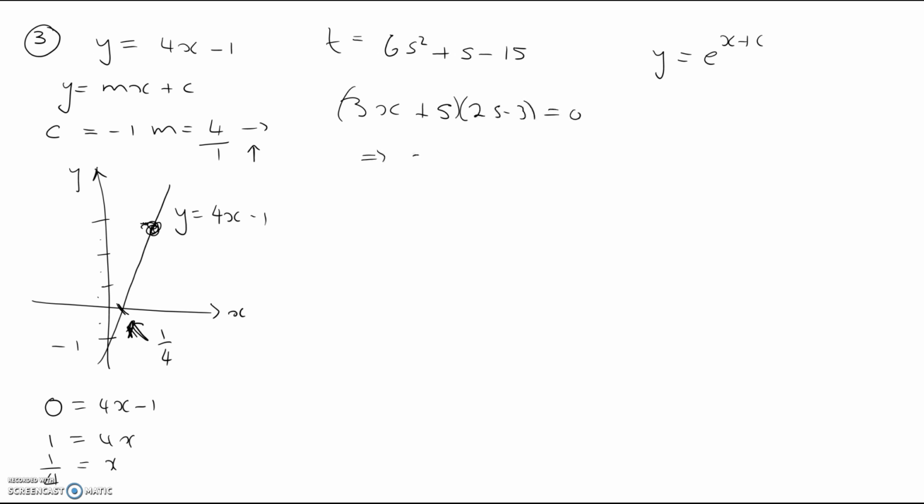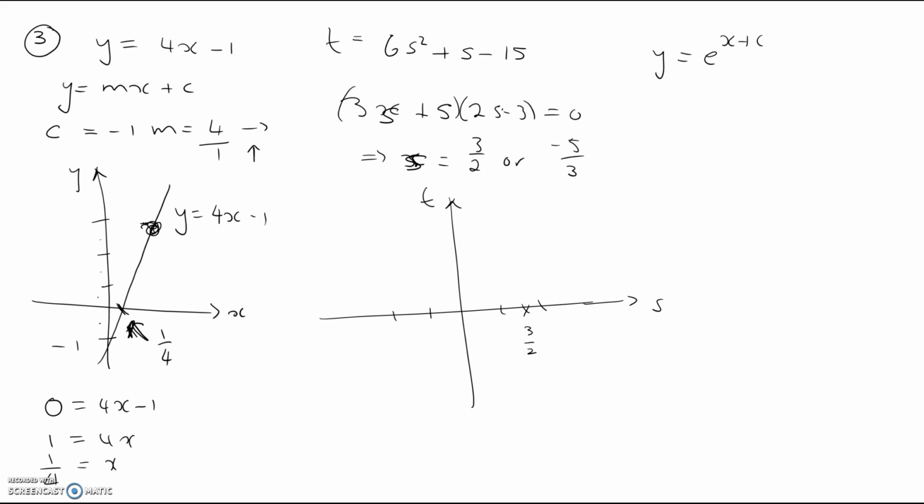So you got that s was equal to 3 over 2, or -5 over 3. Those are your intercepts. Those are your horizontal intercepts. So 1.5 and -5 over 3.